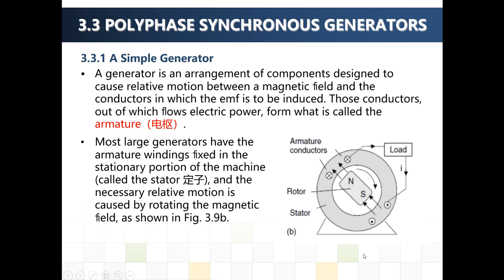Most large generators have armature windings fixed in the stationary portion of the machine, which is called the stator. The relative motion is caused by rotating the magnetic field. This is called the rotor.